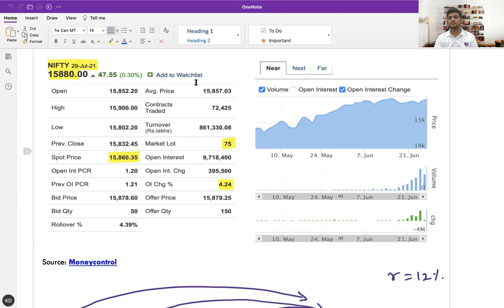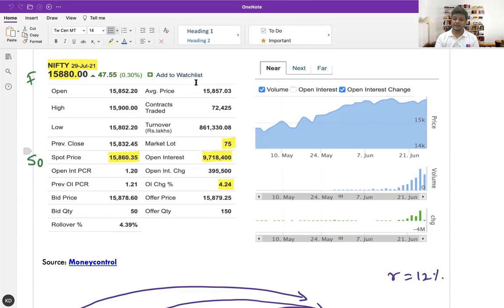Clear? How many total contracts are open as of now? 9.7 million. Now, these are the basic features that you should see. There are various other indicators. I don't want you to go into that right now, but this is the basic. So what is this? I can say this is F. This is S0. Clear?